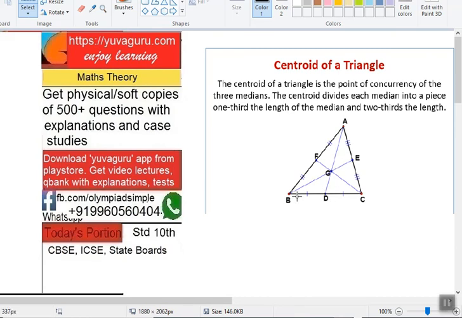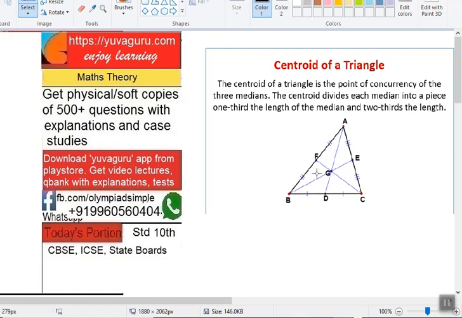This point D divides BC half into half. E divides AC into half. F divides AB into half. Joining F to the opposite vertex, similarly joining D to the opposite vertex A, these lines are called medians. Now these medians, where they intersect each other, that point G is called the centroid.